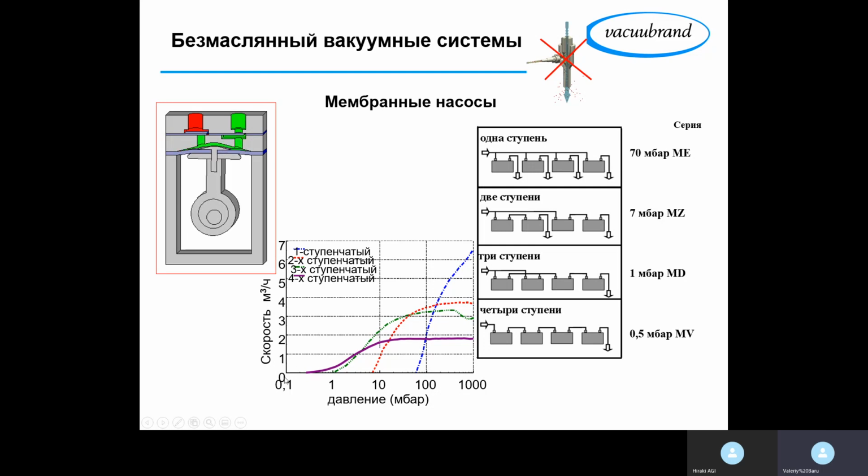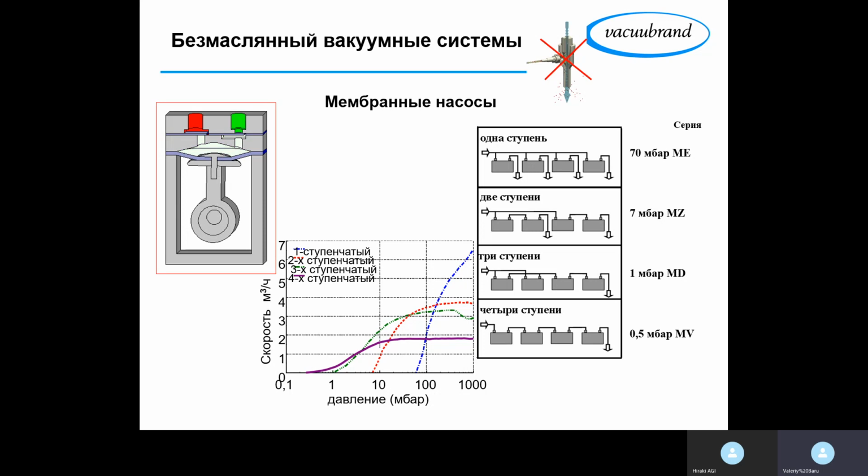Here on the y-axis you can see the performance, and here you can see the pressure. When you reach the maximum highest vacuum that the pump can reach, it gives you a zero performance, which means that it will not pump anything at all from the system.